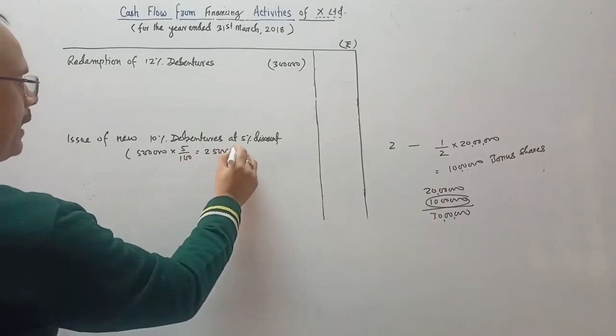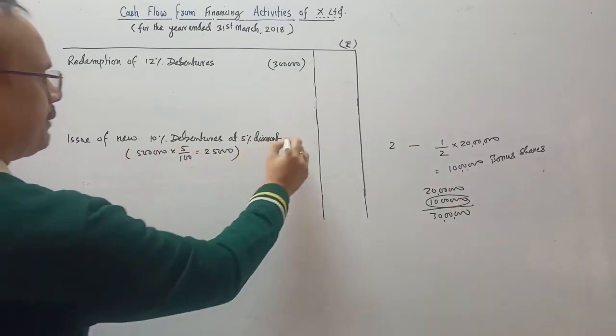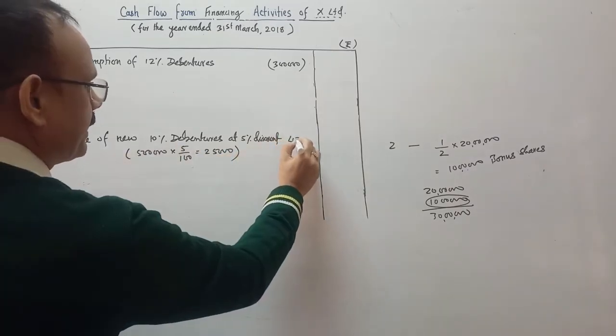So 5 lakh minus 25,000 is 4 lakh 75,000.